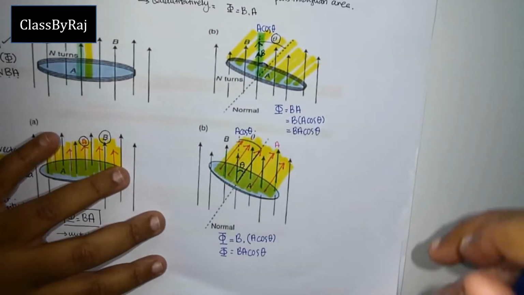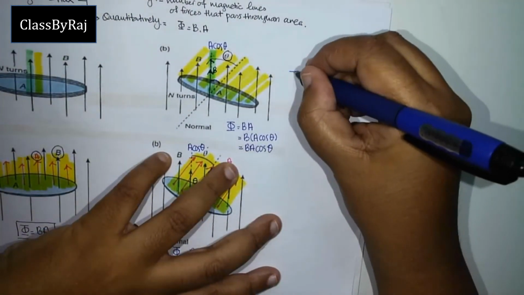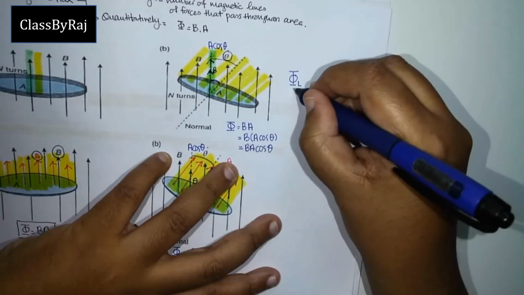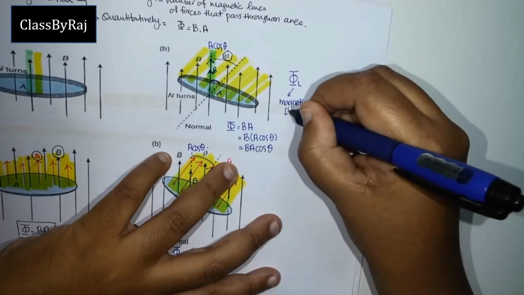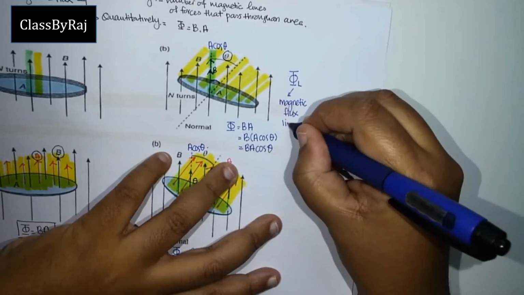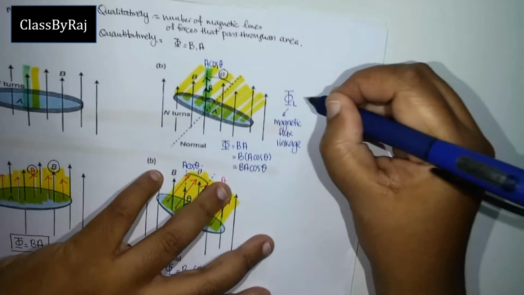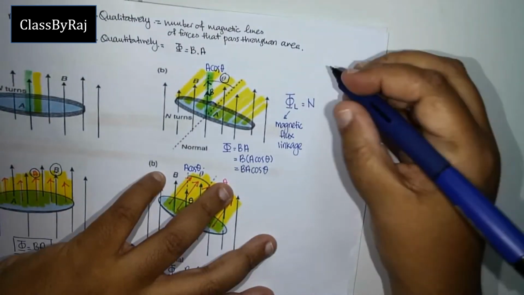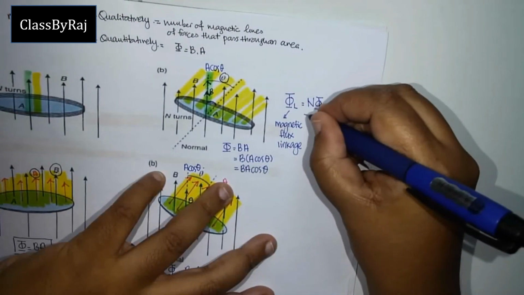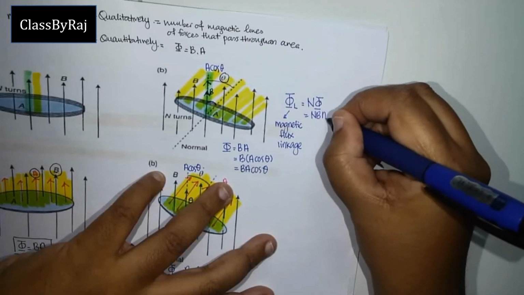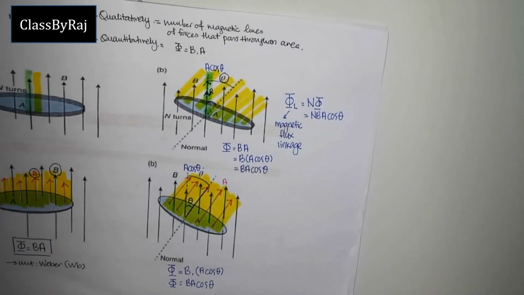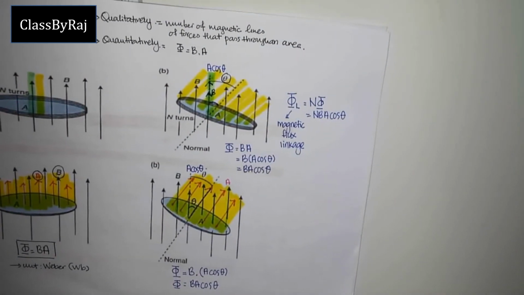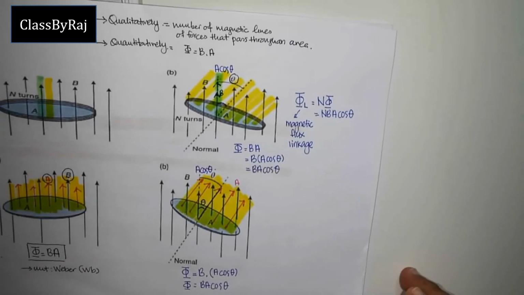But this one has N turns, so how do we solve this? Magnetic flux linkage is the number of turns times the magnetic flux, so you get the formula NBA cos theta.